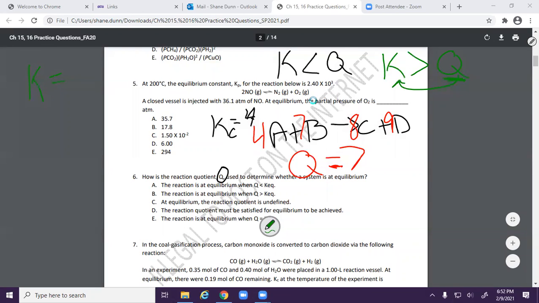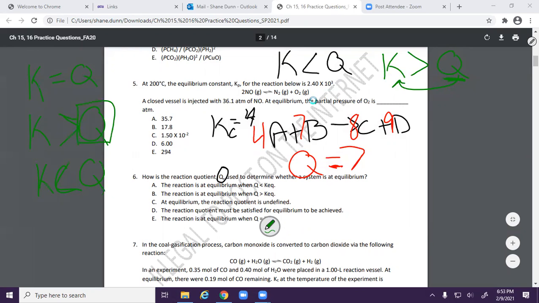So if this is true, they're equal to each other, right? Let's just do a different color. So if your K value is bigger than your Q value, Q isn't done yet theoretically.